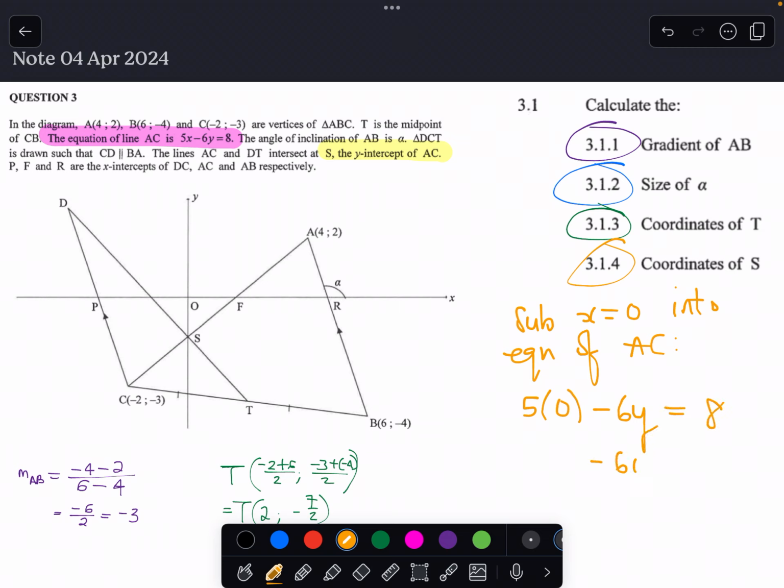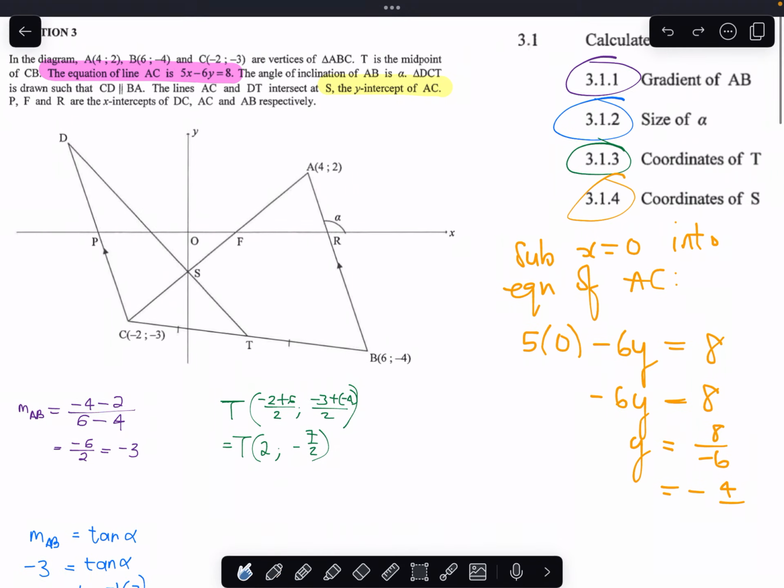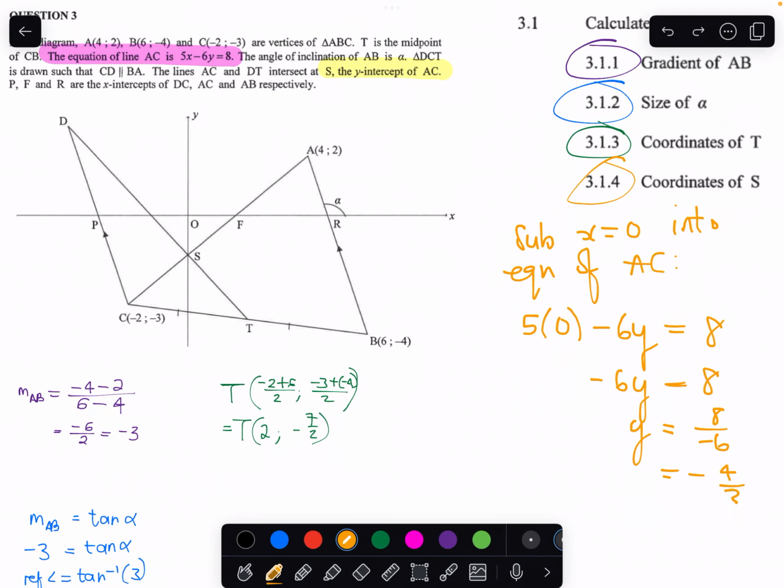So that's minus 6y is equal to 8, and that is y is equal to 8 over minus 6, which is equal to negative 4 over 3. Just scroll, dummy, just scroll. Right, so then the coordinates of S would be 0 and negative 4 over 3. So that's one way you could do it.